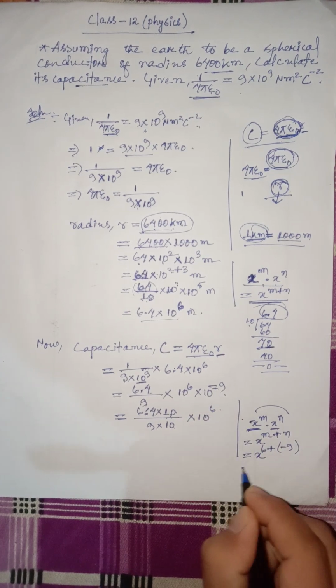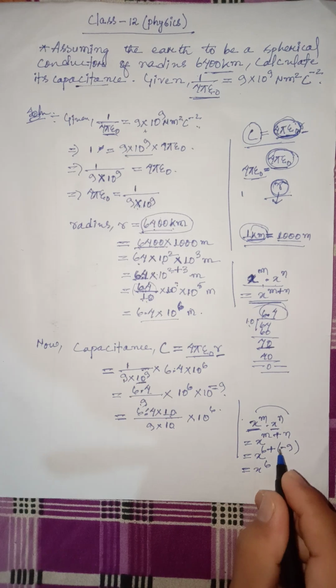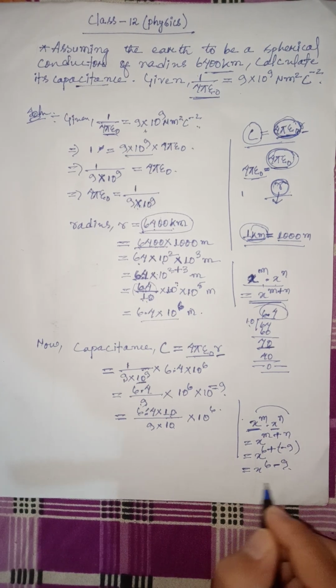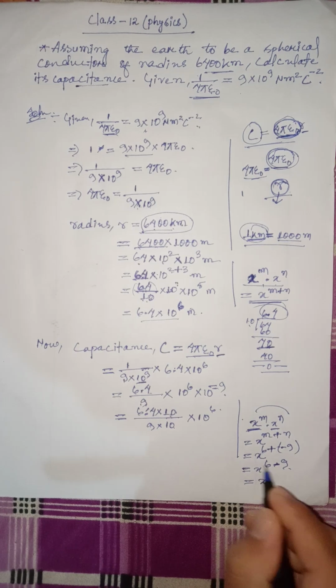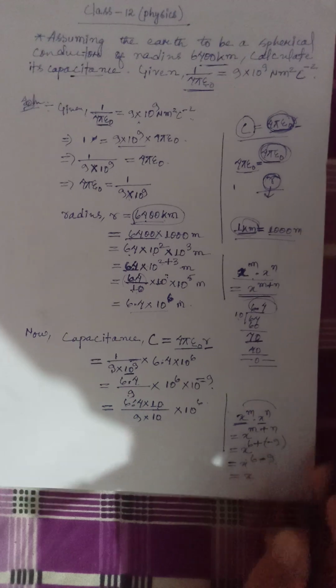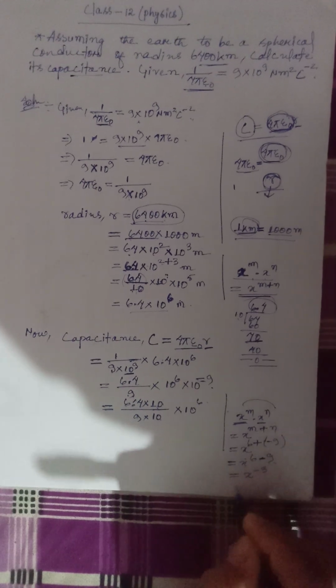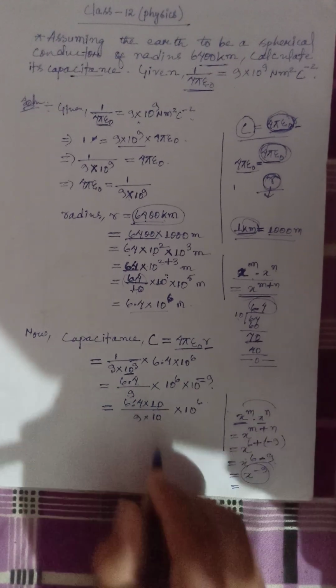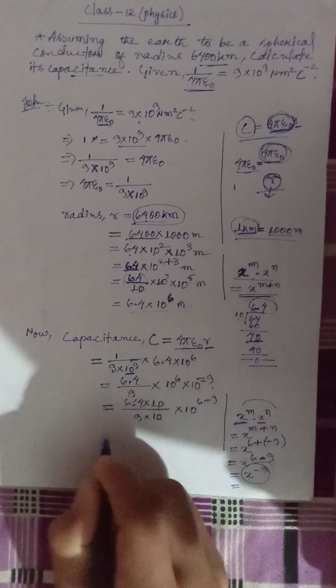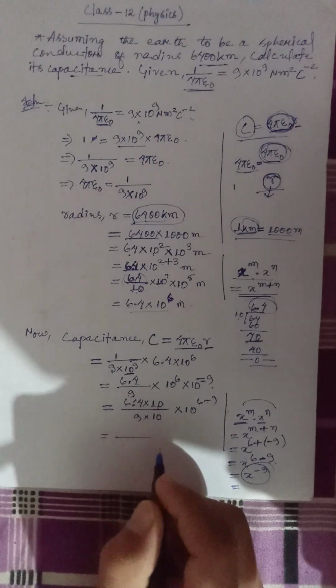It is minus 9. So 6 plus minus 9 is minus, right? 6 minus 9 is how much? It is minus 3. Likewise, here we have to do this. It will be 6 minus 9.